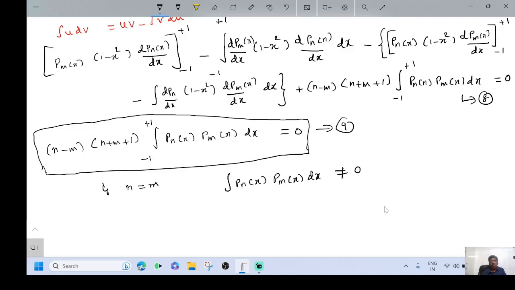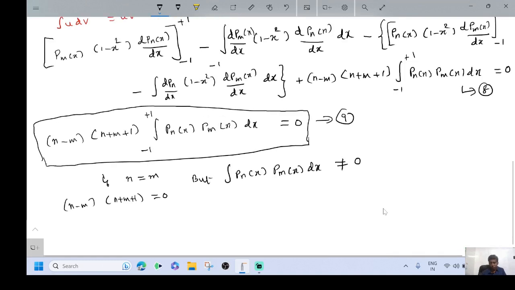If n is equal to m, this quantity n minus m into n plus m plus 1 equal to 0. But the integral value is not equal to 0. Integral minus 1 to plus 1 not equal to 0.